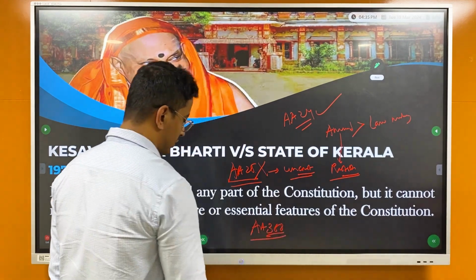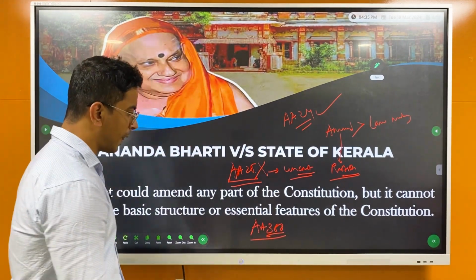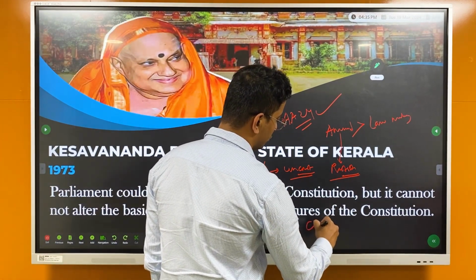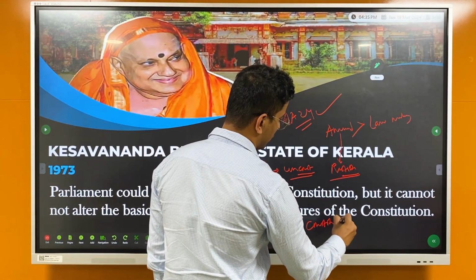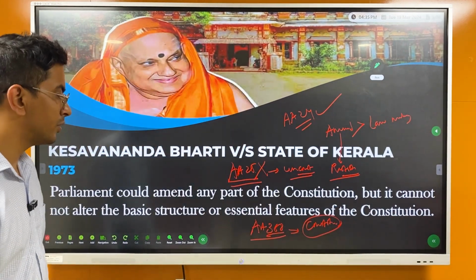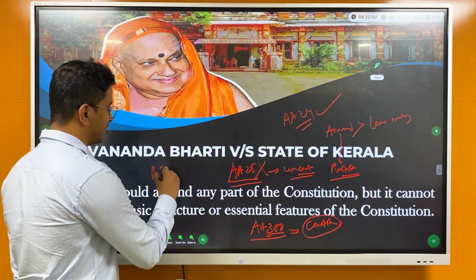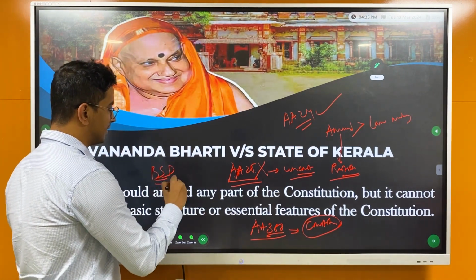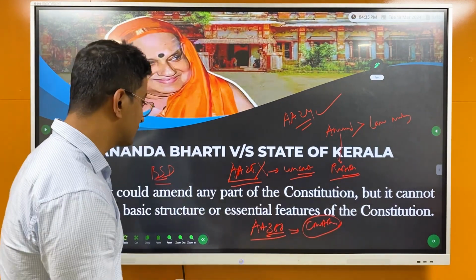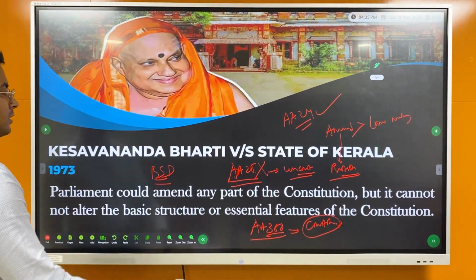This is how the Constitution is amended, which can harm the Constitution itself. So here the basic structure doctrine was reiterated, where it said the supremacy of the Constitution and the rule of law and other things was brought in.